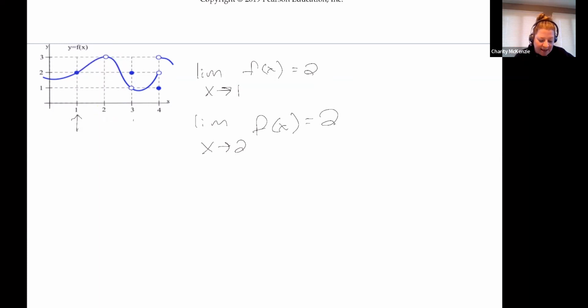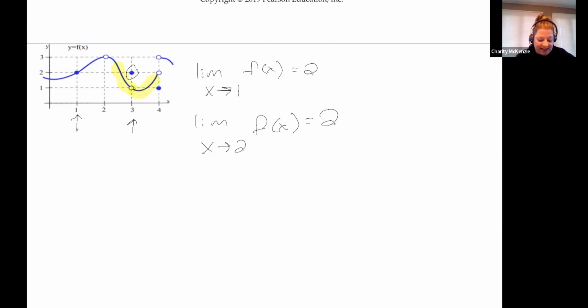Now, the next one here at 3 has an open dot again, and it has the function up here. Well, this one's a little tricky. Let me get my highlighter. What's happening on this side? Where's it headed? And what's happening on this side? Where's it headed?